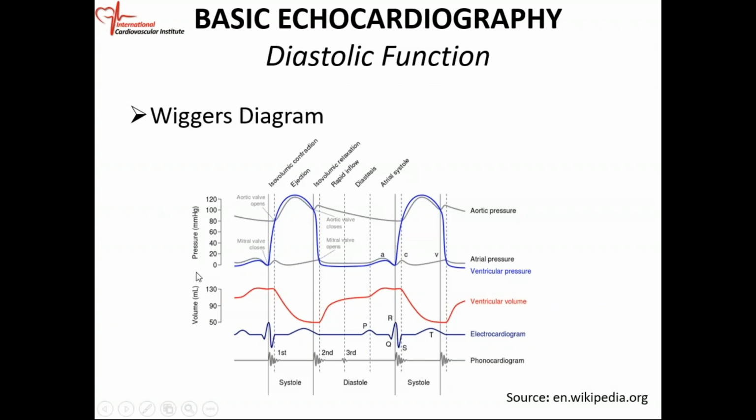And then the atrial pressure. So in diastole, the atrial pressure mimics the LV pressure. Okay, in systole, the atrium is still filled with blood. So when we talk about systole and diastole, it is ventricular systole and diastole.